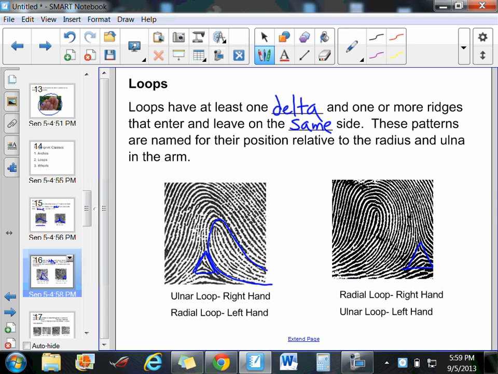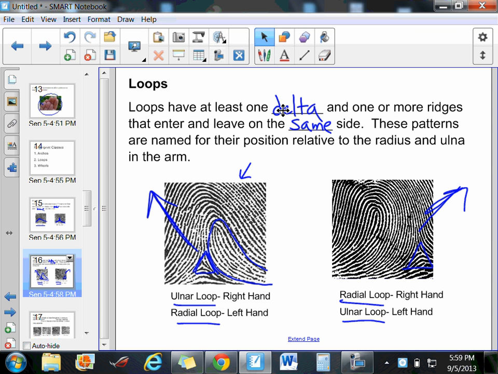For this particular print here, which is going in this direction, this is called an ulnar loop on the right hand and a radial loop on the left hand. However, if it's pointing to the right, it is called a radial loop on the right hand and an ulnar loop on the left. So you want to make sure that you pay attention to the difference between those two and what hand you are looking at.